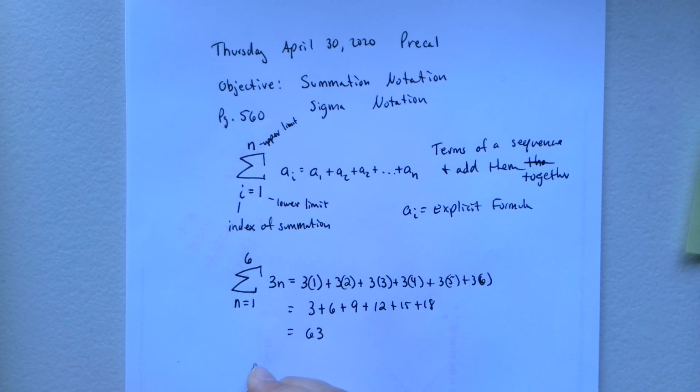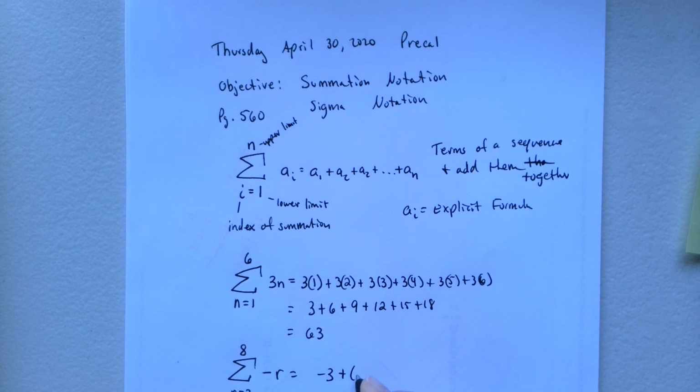Another example, if we had r equal to 3 and 8 is our upper limit, and we have negative r. So again, they can use any letter they want, and they can start with any term they want. This one wants us to start with the third term. So the third term, I'm just going to put in 3 for r, and so that would be negative 3.